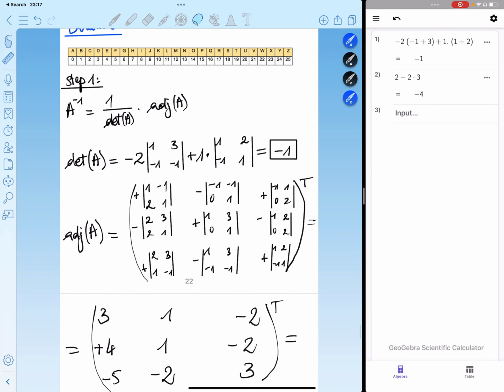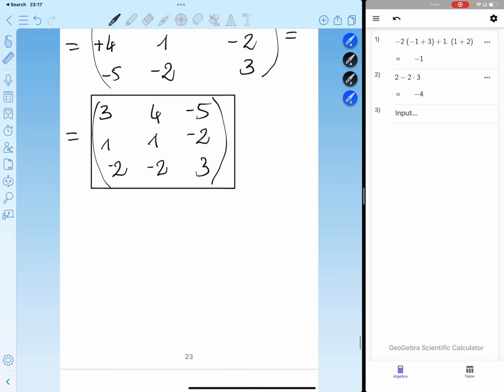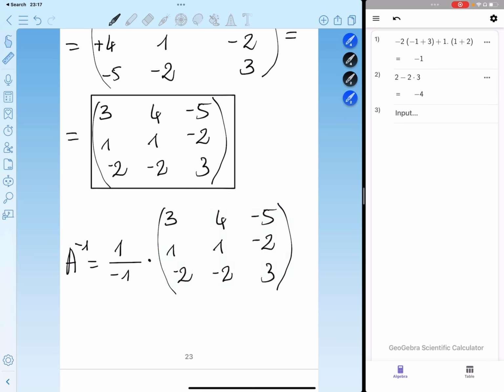Now the formula is this, so A inverse would be 1 over the determinant times the adjoint. So A inverse is equal to 1 over the determinant times the adjoint, which is this matrix. Right.